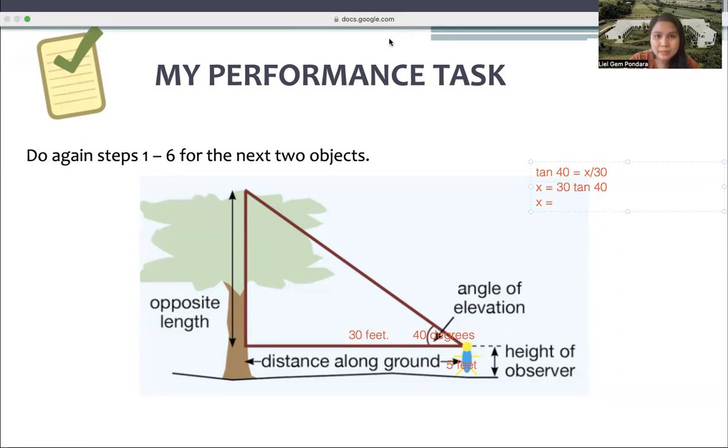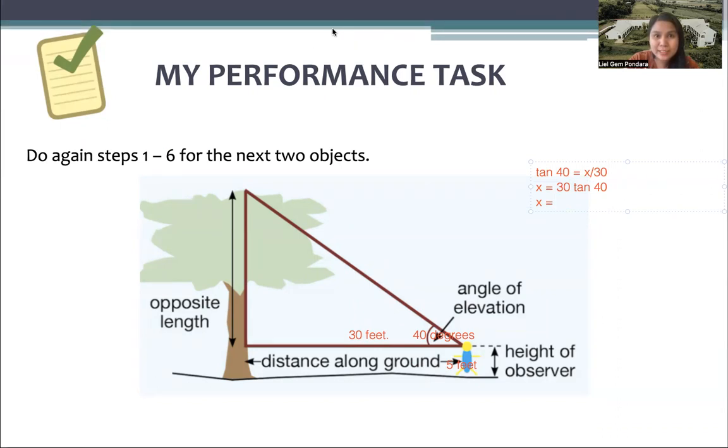Wait for a while. Any answer while I'm opening my calculator? 25.172988894. Oh, thank you for that, AP. Again, sorry. Come again, AP. 25.173. Okay, so we can say 25.17 feet.